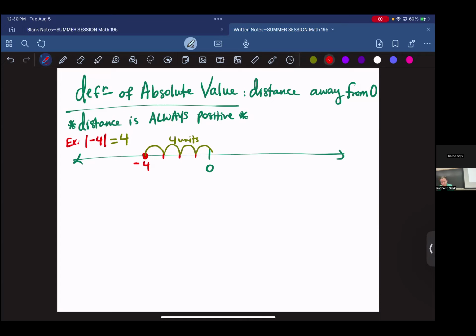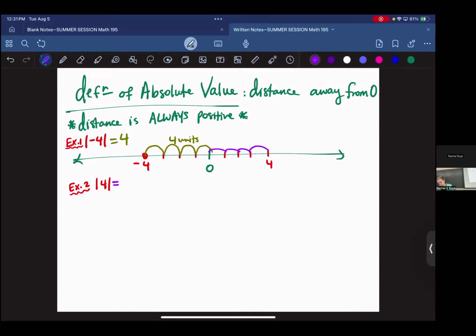But let's say we were looking at the absolute value of just +4. How many units away are you from 0 here?